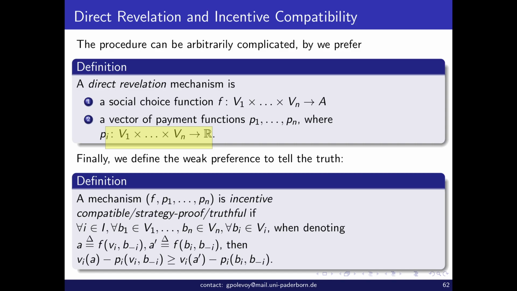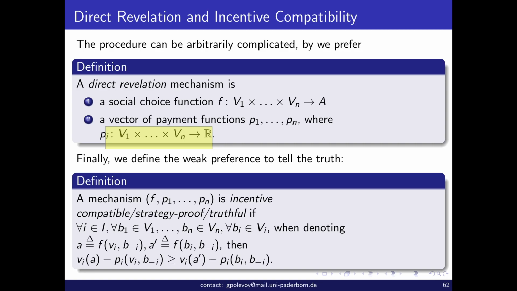Then you can implement the same thing with the value function. I'm just telling you this informally, but formally it does not limit the generality of the approach. If you look at the direct revelation mechanisms, you don't prove it.